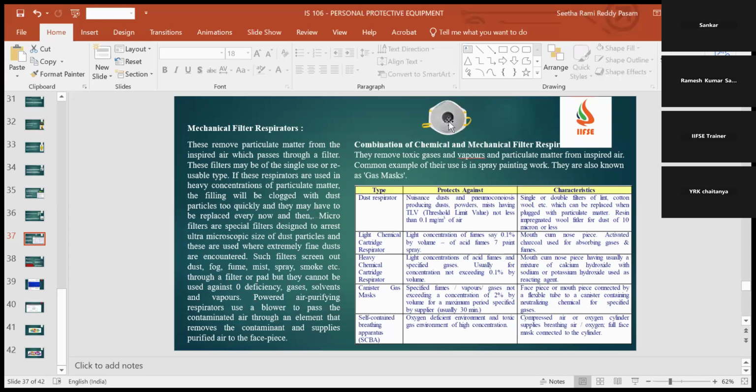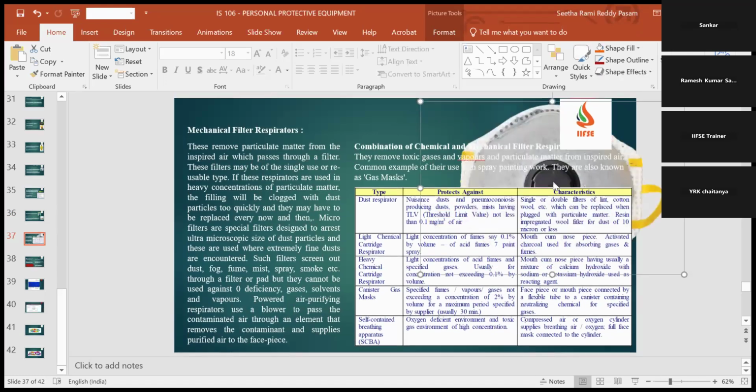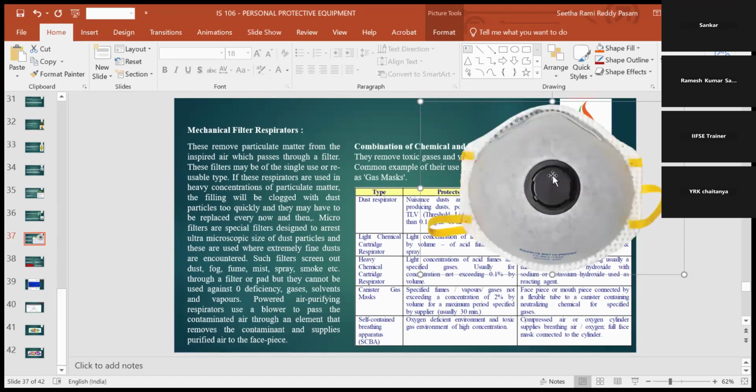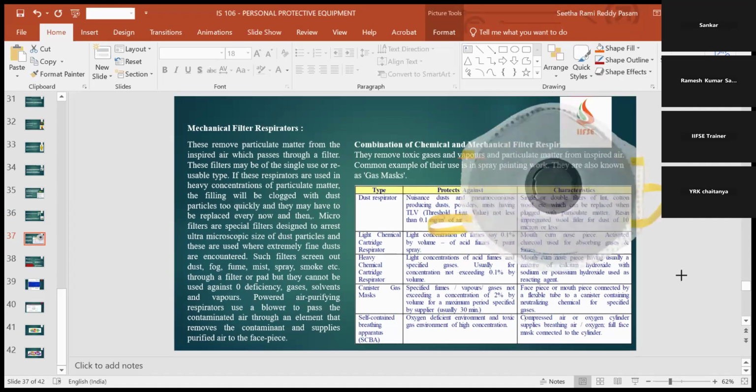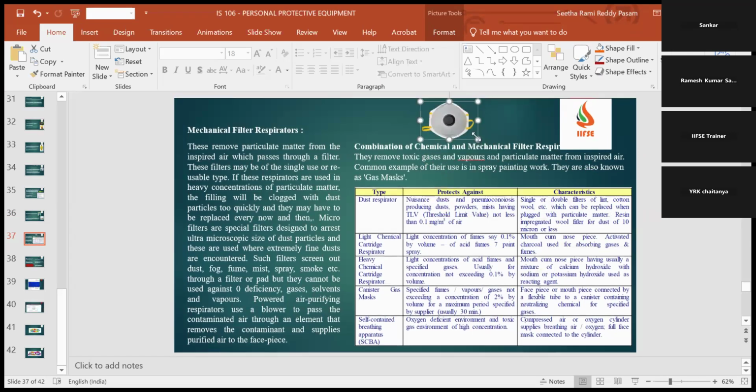If you open this filter, inside you will see a small leaf of filter which acts as filter media to stop particulate matter from entering your breathing air.